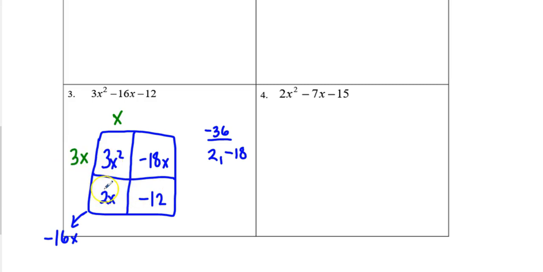And now coming across here, what's our GCF of these? Well, it looks like a 2. And then finally, over here, what times 3x is going to make negative 18x? And it's going to be a negative 6. So there's my factorization: 3x plus 2, x minus 6.